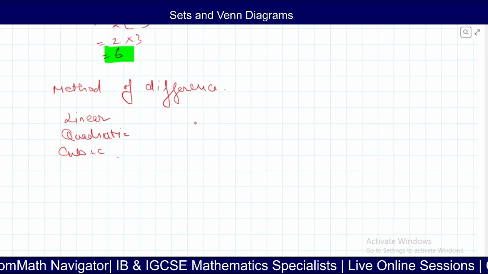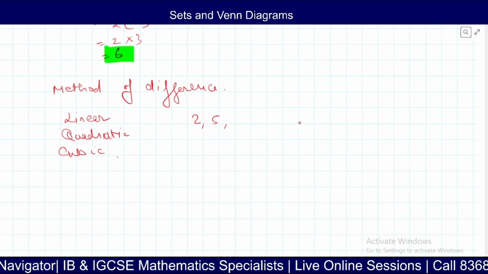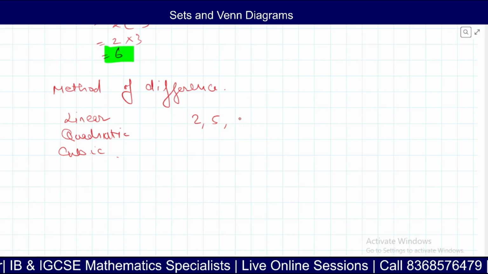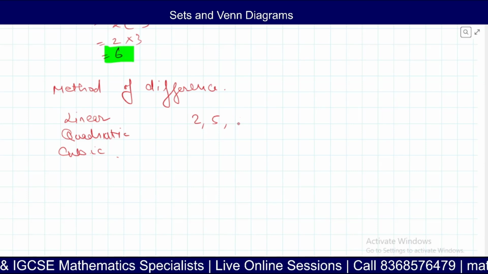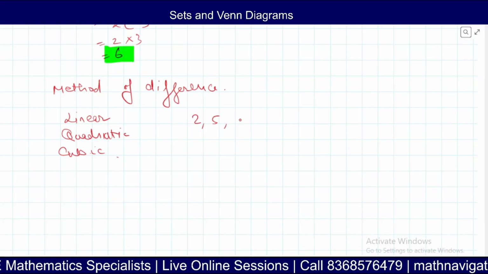Let's say I have a sequence something like 2, 5, then let's say add 3. So it becomes 8.